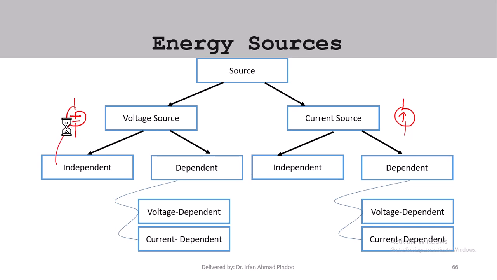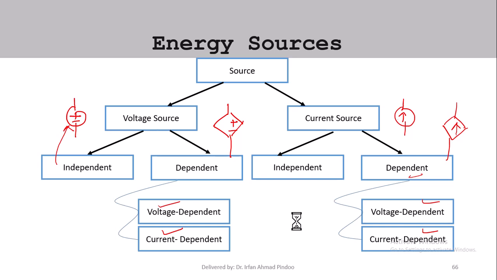The example here is an independent source, and a dependent source is represented by a rhombus symbol like this. A dependent source can also be a voltage source or a current source. A dependent voltage source can depend on voltage or current. Similarly, a dependent current source can depend on voltage or current.